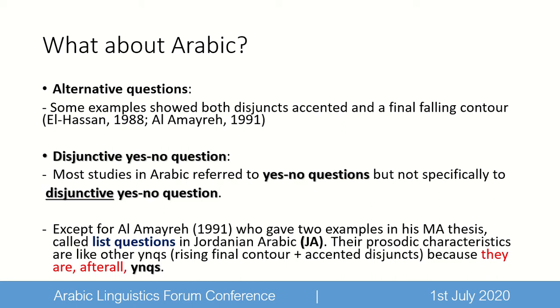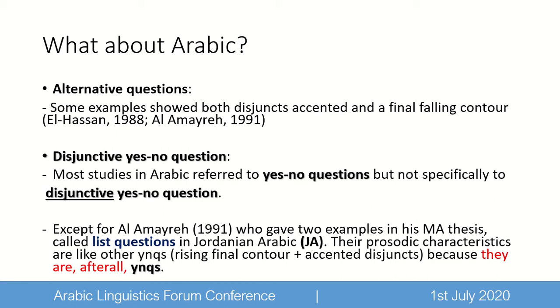In terms of disjunctive yes-no questions, most studies in Arabic refer to yes-no questions, but not specifically to disjunctive yes-no questions, except Al-Amayri, who gave two examples in his MA thesis, and he called them list questions. The prosodic characteristics that he used in his examples were a final rising contour, and he accented both disjuncts.